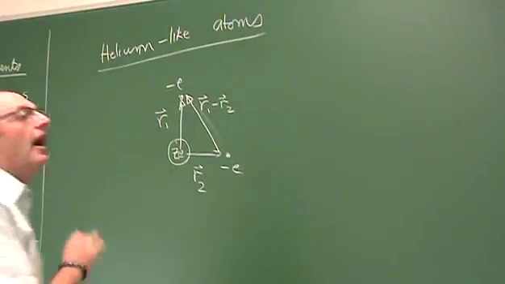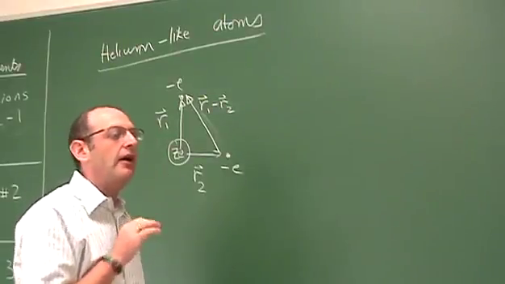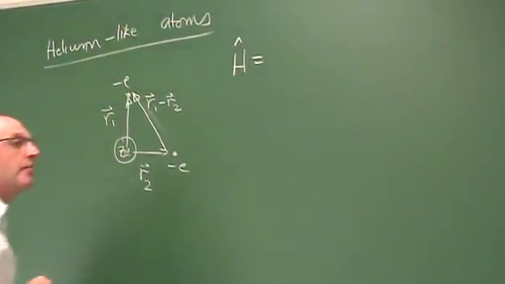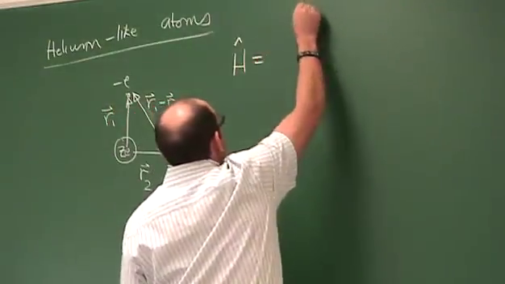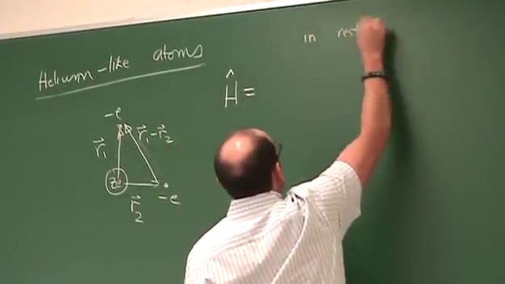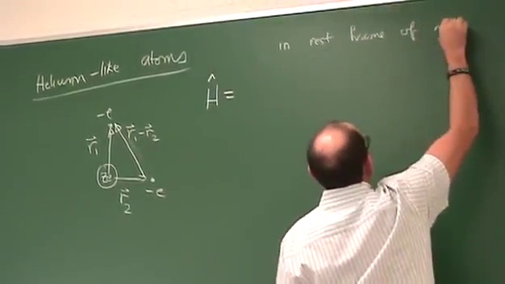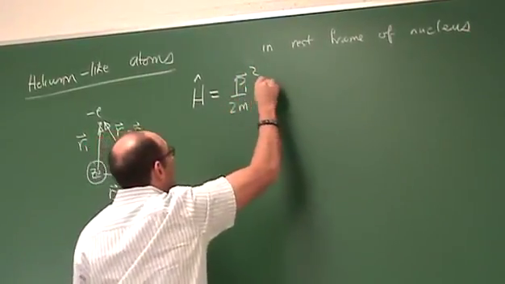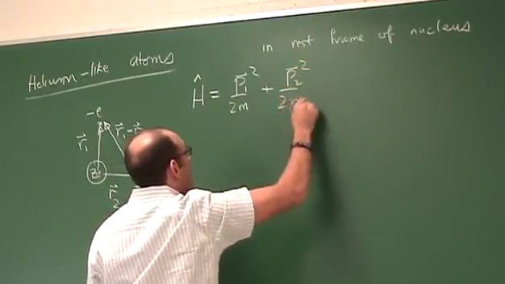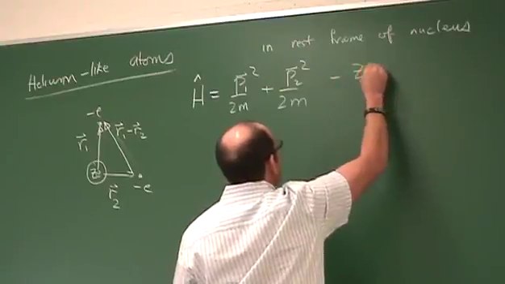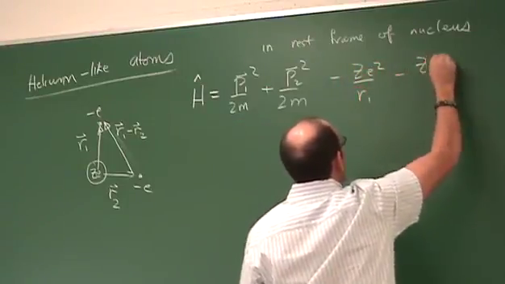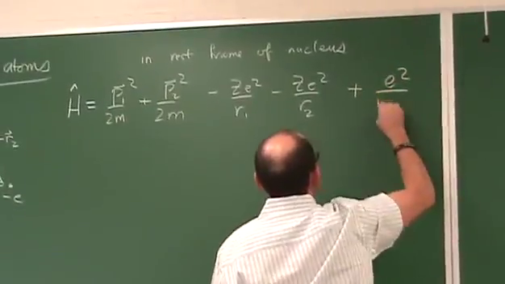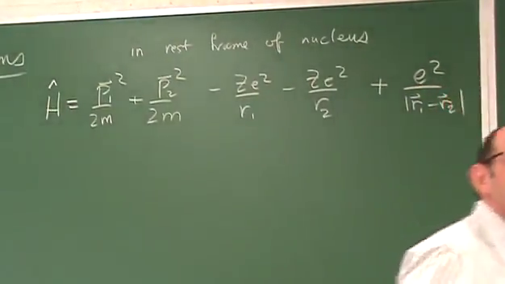And so, in just thinking about the electrostatic part of the interaction, our Hamiltonian here in the rest frame of the nucleus involves the kinetic energy of the two electrons, the attraction of each electron to the nucleus, and the repulsion between the two electrons, the Coulomb repulsion.